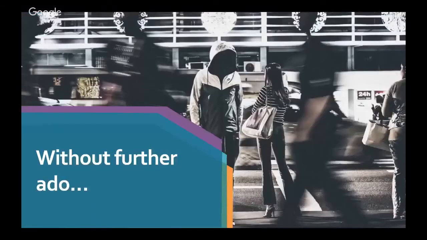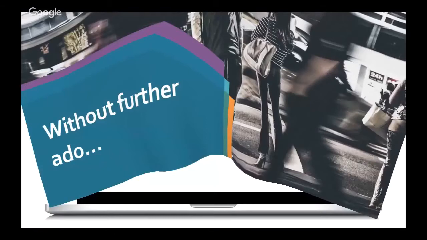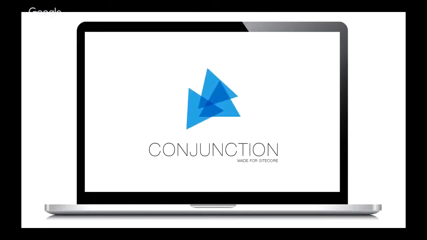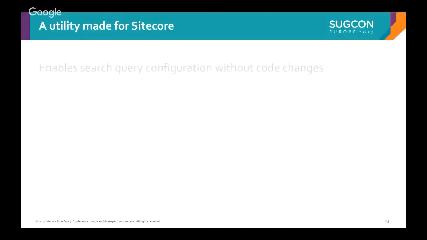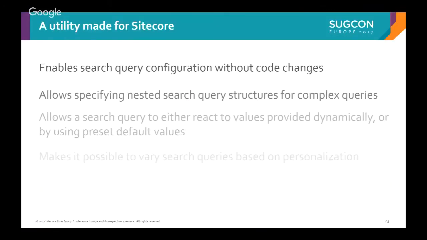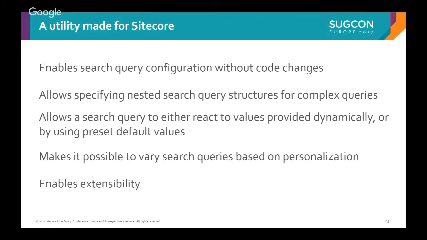So at this moment, I think I'm going to shift towards what it is I actually ended up with. As I said, the name of the beast is Conjunction, and what Conjunction is in a nutshell is a utility made for Sitecore, which actually enables a lot of these things we already talked about.